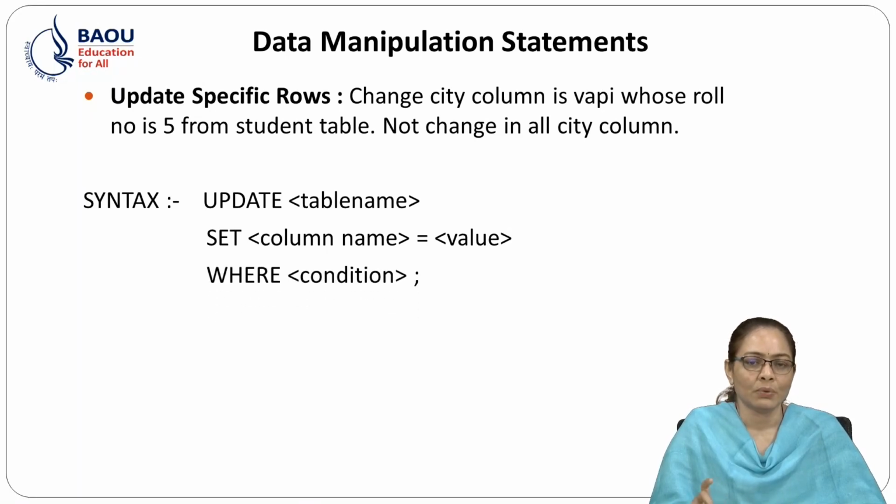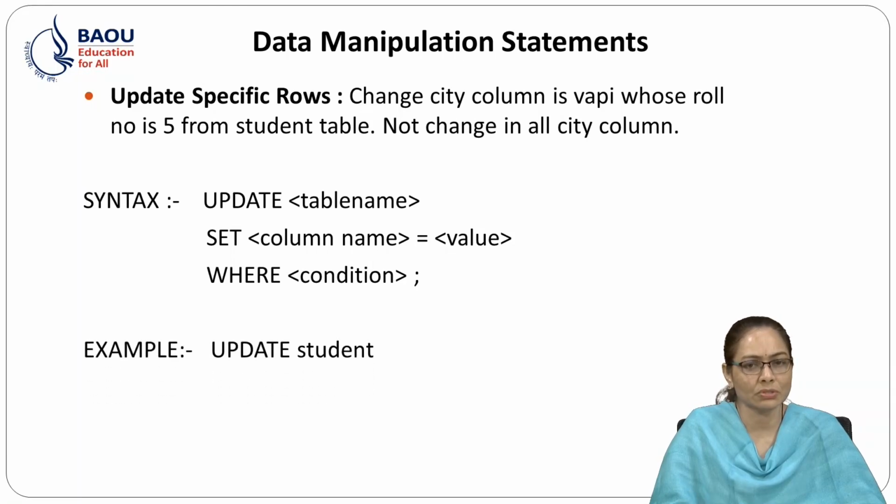Here we include the where condition because we update the specific records. For example, update student, set city is equal to Vapi, where roll number is equal to 5. So this command is used here, the city will be changed for roll number 5.